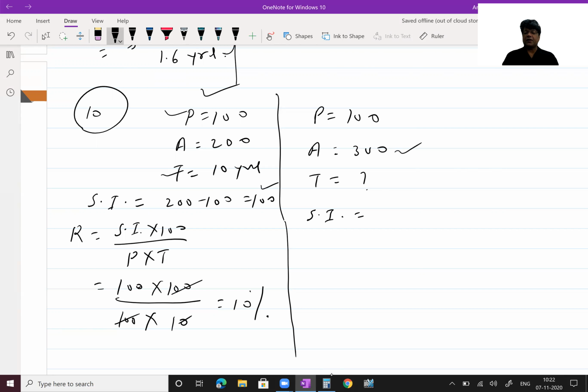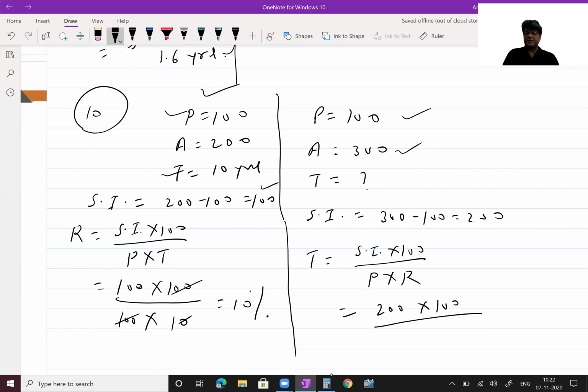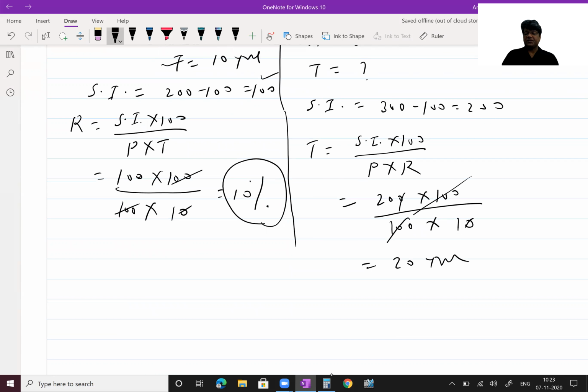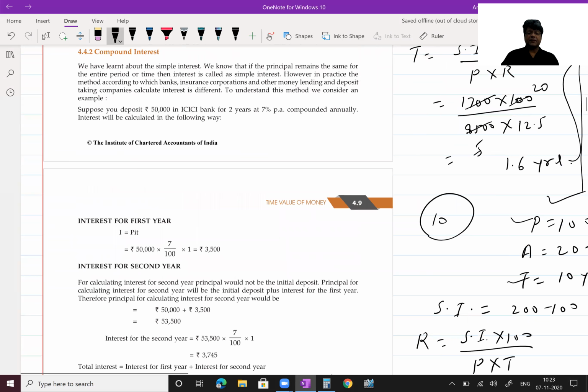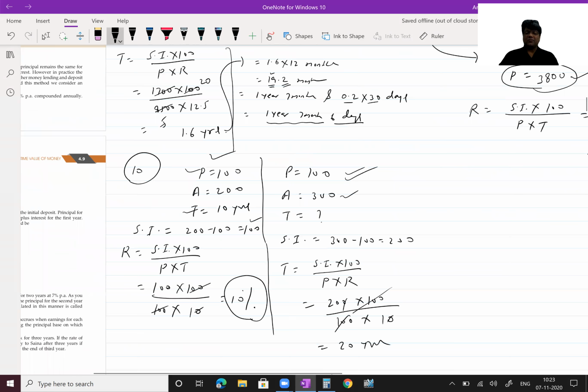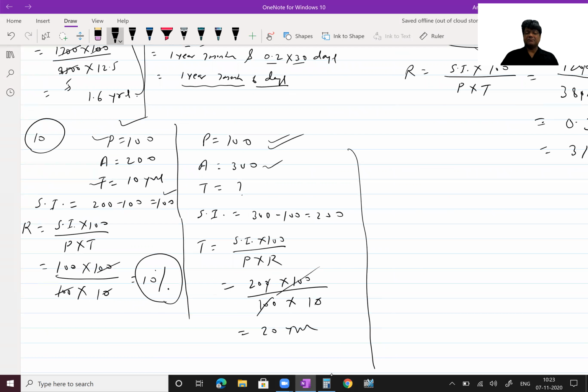Simple interest is equal to amount minus principal, that is 300 minus 100 is equal to 200. The time formula is simple interest into 100 by principal into rate. Simple interest 200, into 100, by principal 100 into rate 10. The zeros cancel, and that is equal to 20 years. So your answer is 20 years, option C.